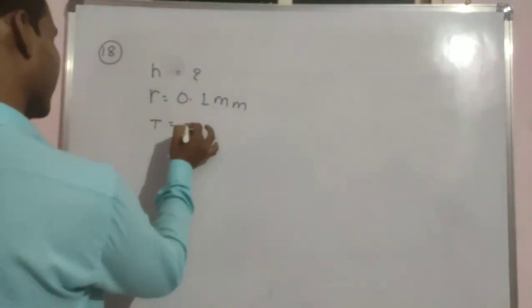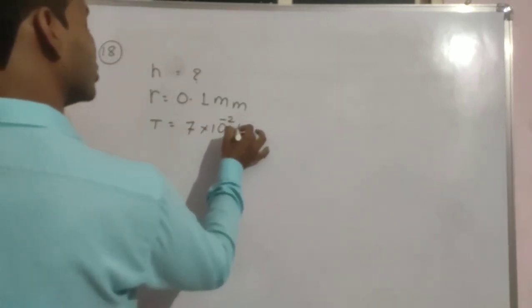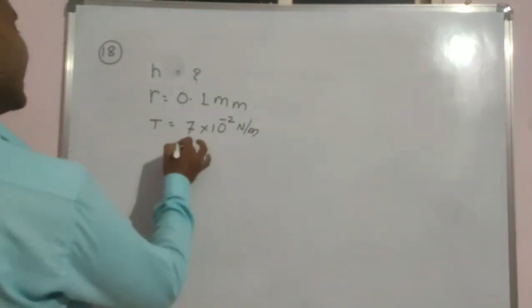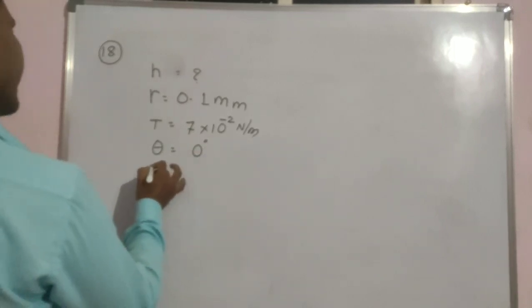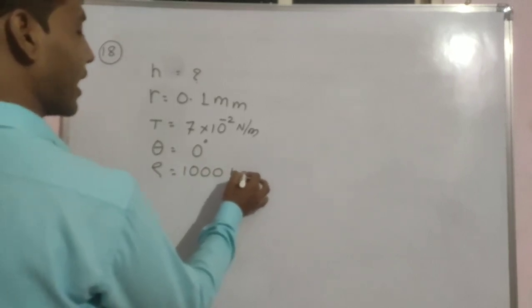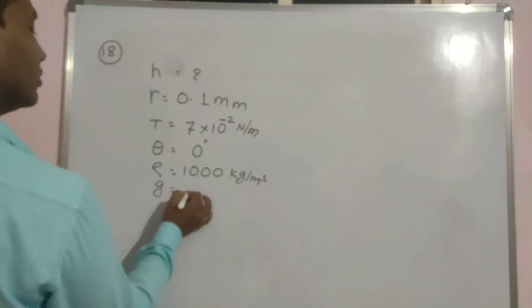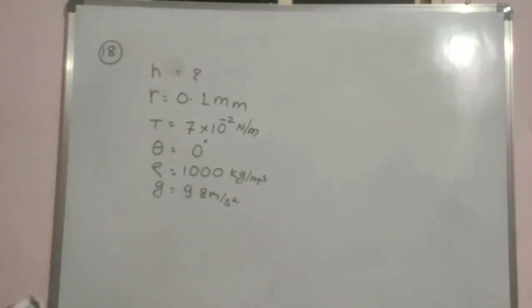So here R is the radius, surface tension T is 7 into 10 to the power minus 2 Newton per meter, theta, the angle of contact, is 0 degree, and density is 1000 kilogram per meter cube. The value of g we know is 9.8 meter per second square.